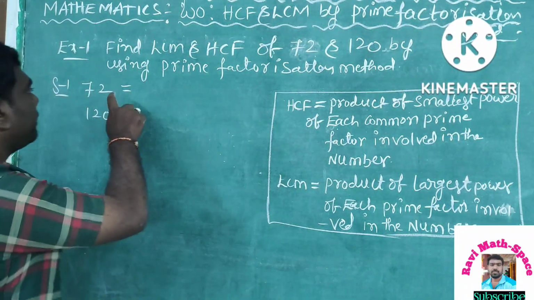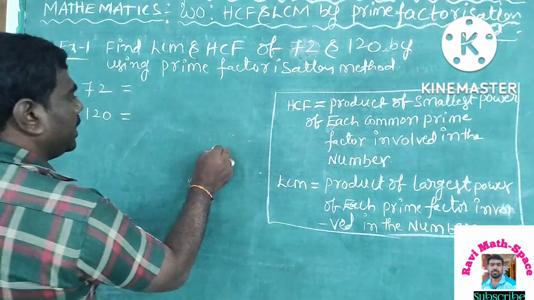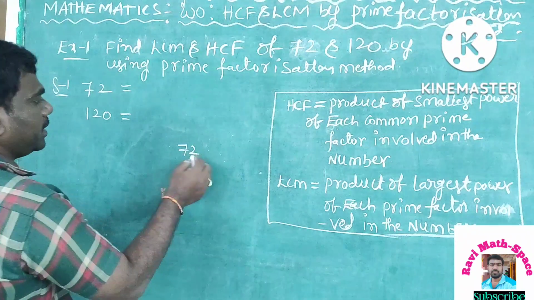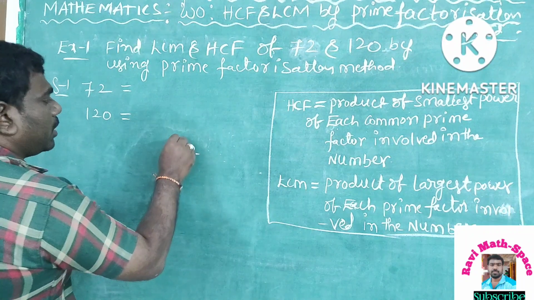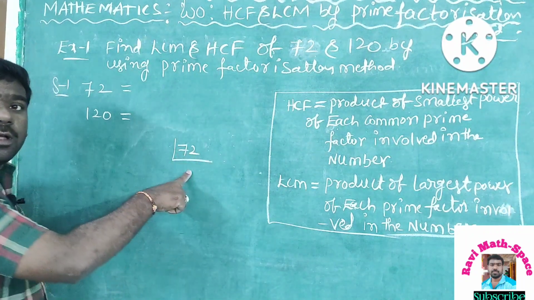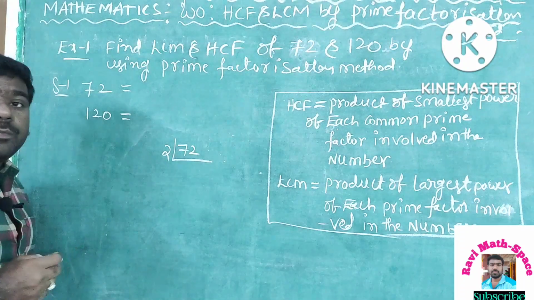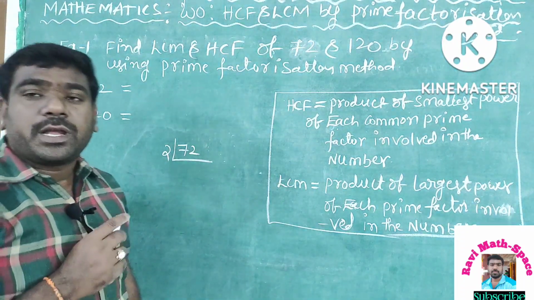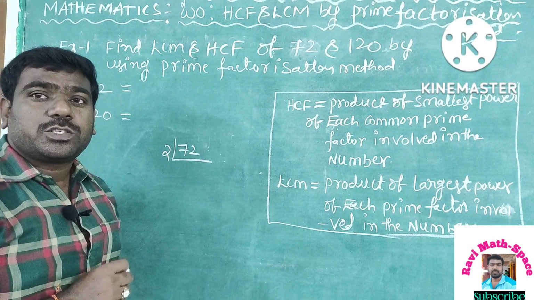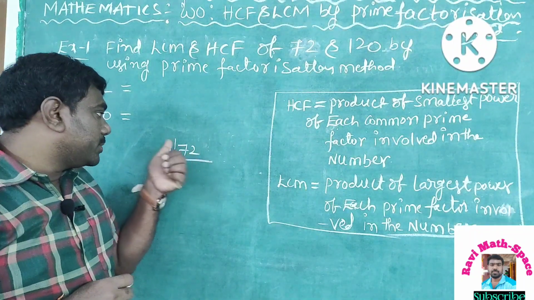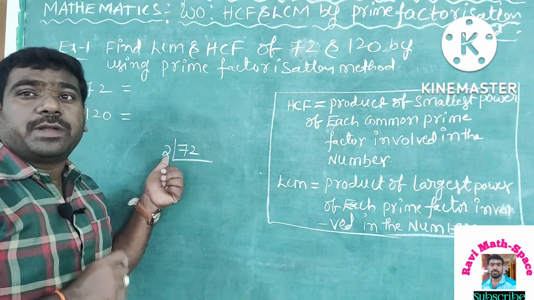First, the prime factorization of 72. I am writing 72 here. How to find it? By using the long division method. Take the smallest prime number and check whether the number is divisible by it or not.